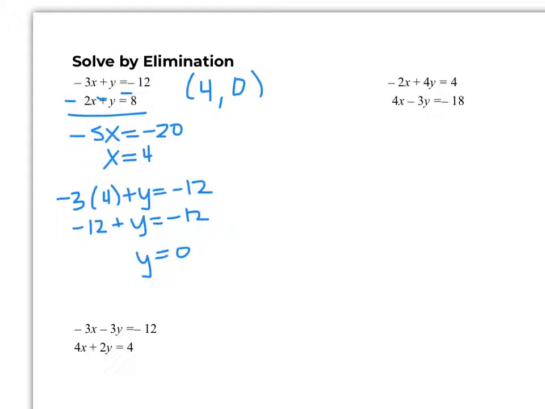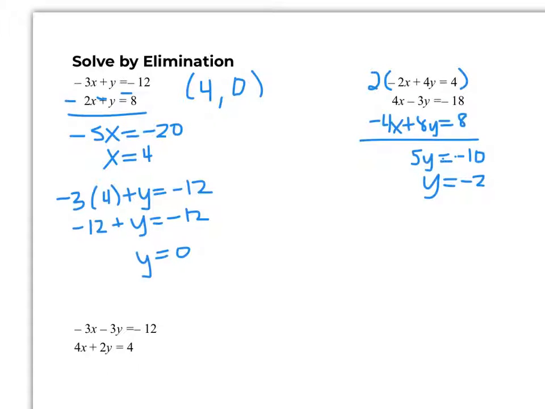On the next one, I'm going to choose to multiply the first equation by 2. I'm going to write that below. So negative 4x plus 8y equals 8. And when I combine those two, I get 5y equals negative 10. Y equals negative 2. And substitute it in, I'm going to use the second equation.